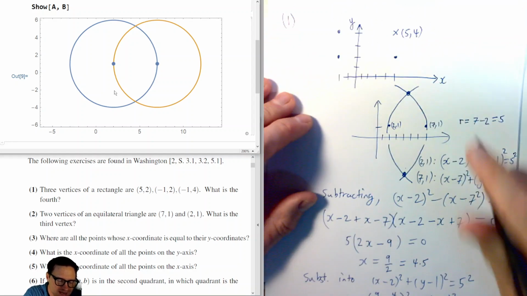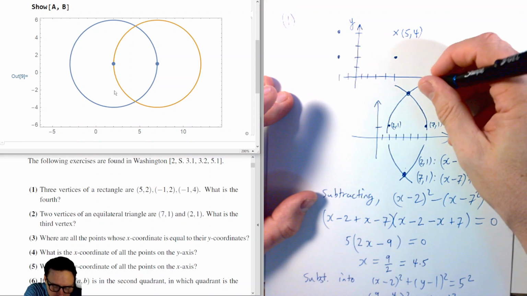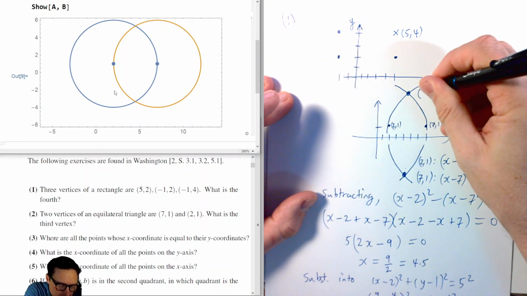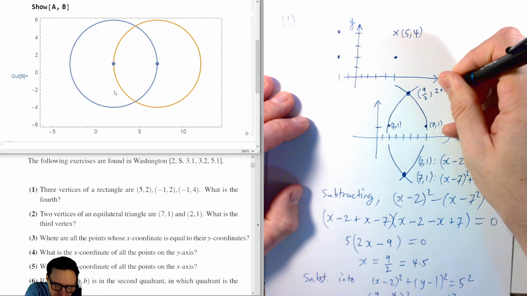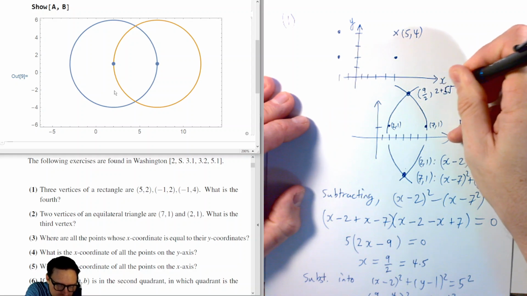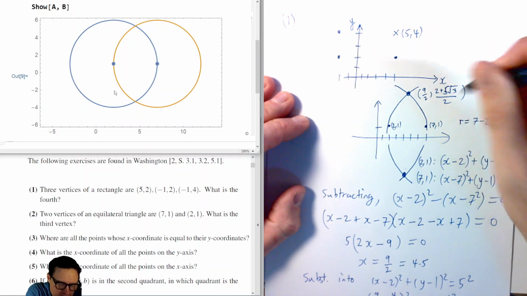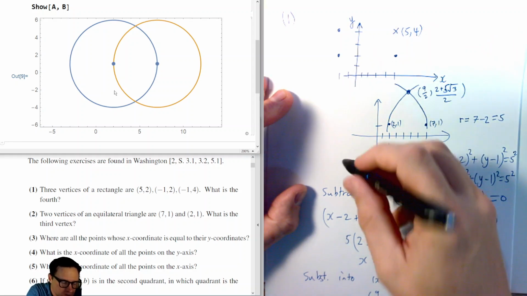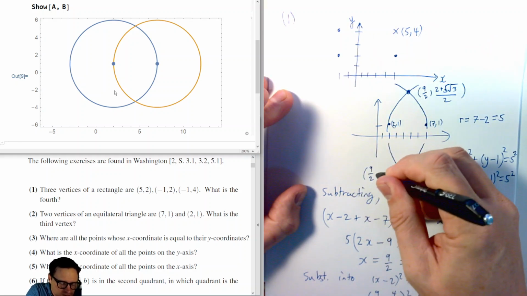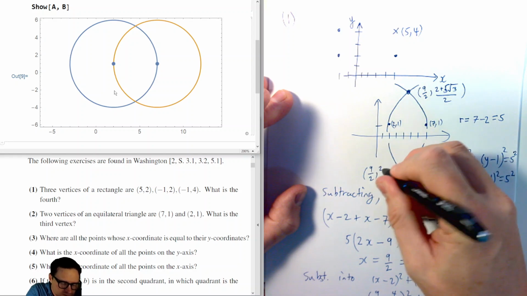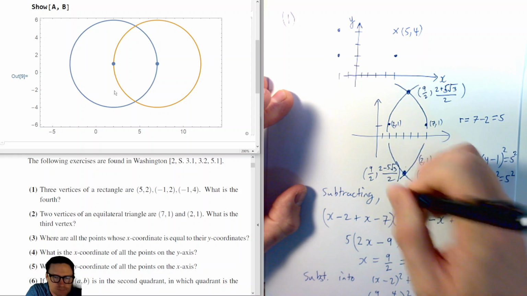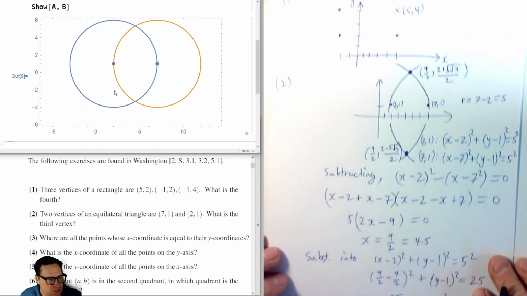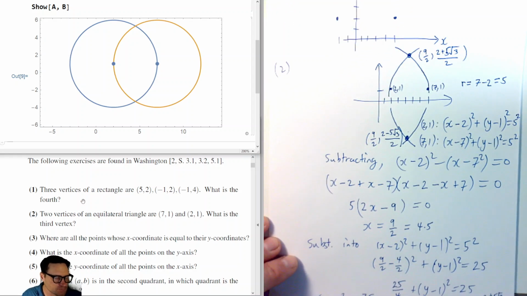So our coordinates now are (9 over 2, (2 plus 5 root 3) all over 2), and then this one down here is (9 over 2, (2 minus 5 root 3) all over 2). Okay, let's move on to the next question.